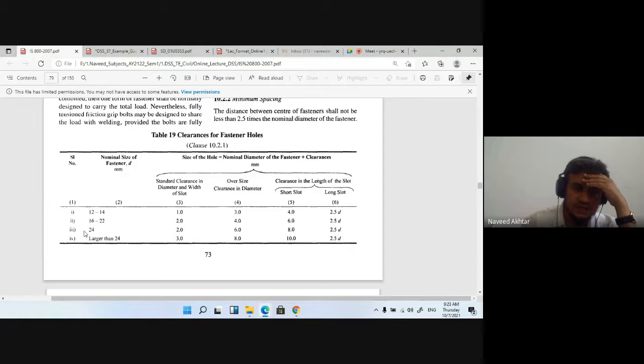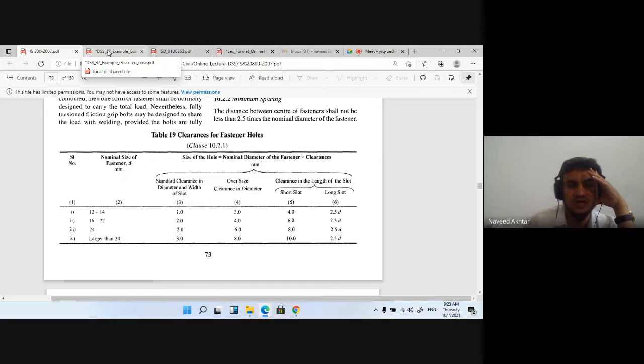If the diameter of bolt is 24, then the standard clearance will be 2 mm, and oversized clearance in diameter is 6 mm. Okay, so we'll consider 2 mm.